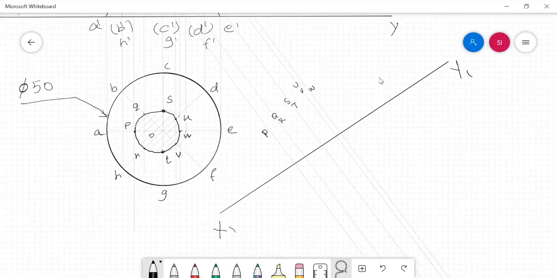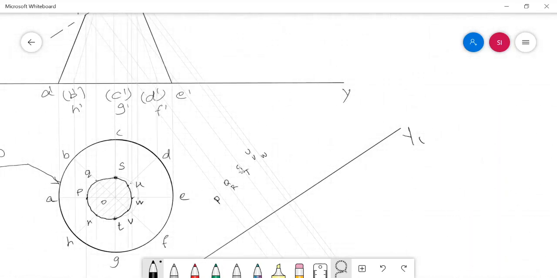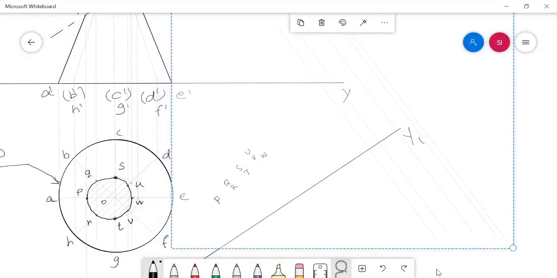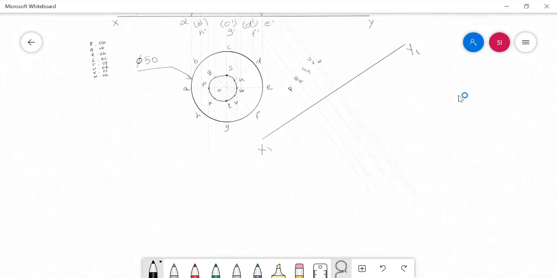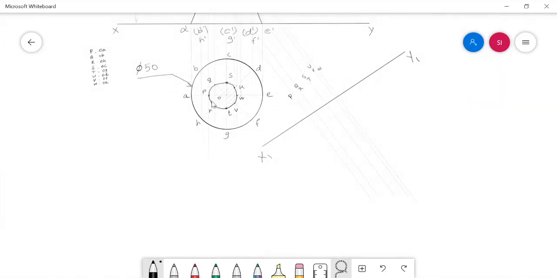Now measure the distance between the point P and the XY line. Mark the point P in the projector of P with respect to x1, y1.